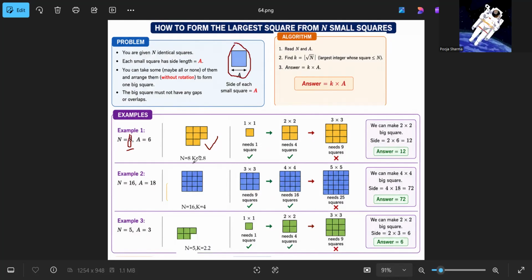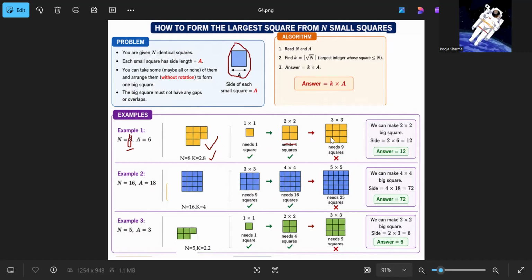If you do the square root of 8, it will give you 2.8. What does it mean? Approximately, the maximum I can have is 2 into 2 sides, this is k and this is also k, so k into k, that is 2 into 2, that is 4. Only if k equals 2 can you create it.